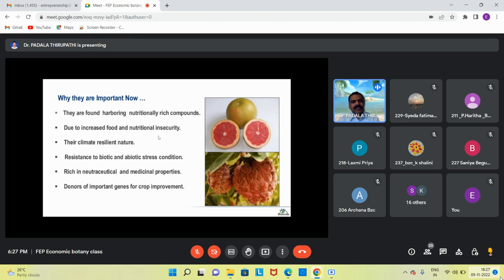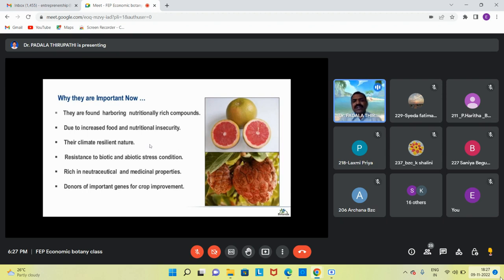My dear friends, remember, today food grain production has increased, but nutrition value is a question mark. So we should give proper importance to different fruits and their climate resilient nature.